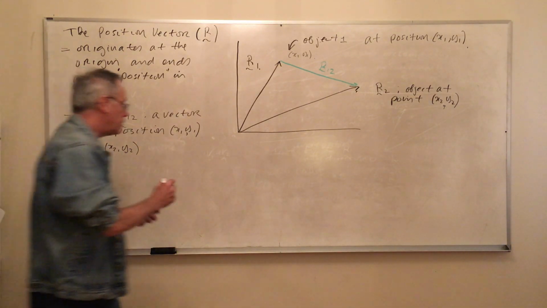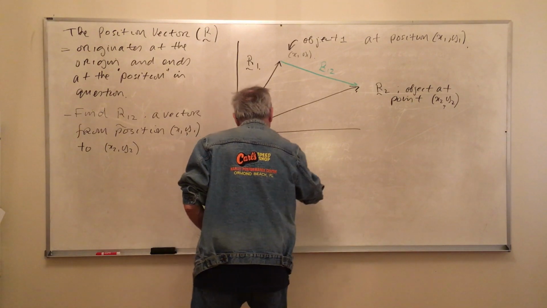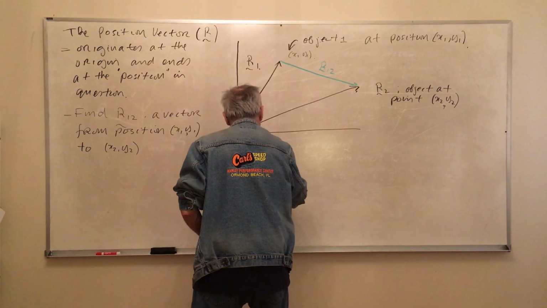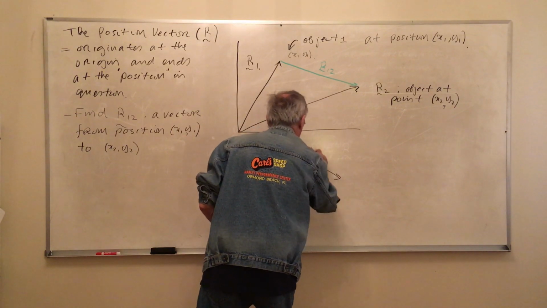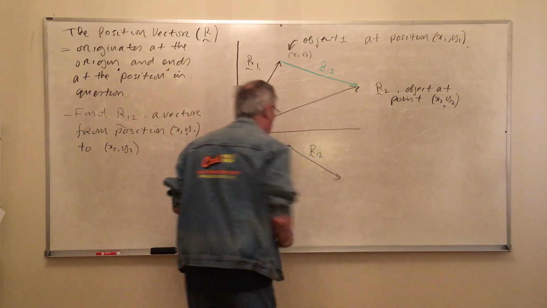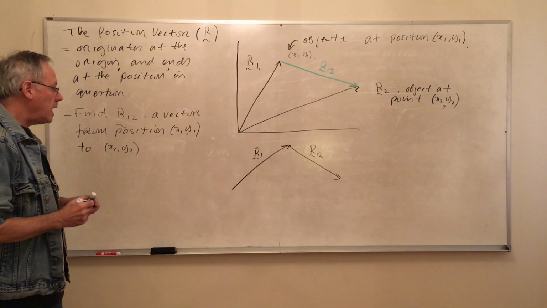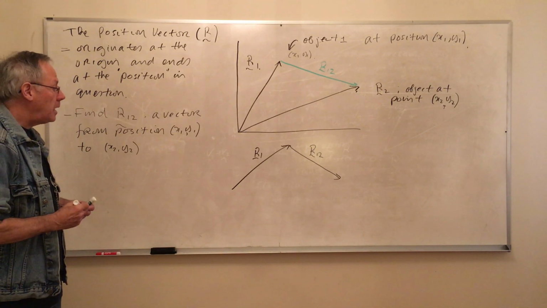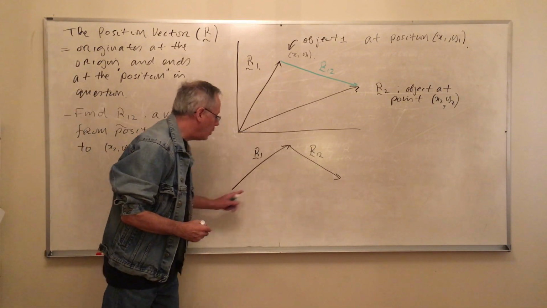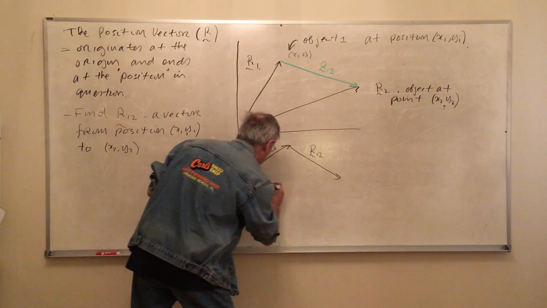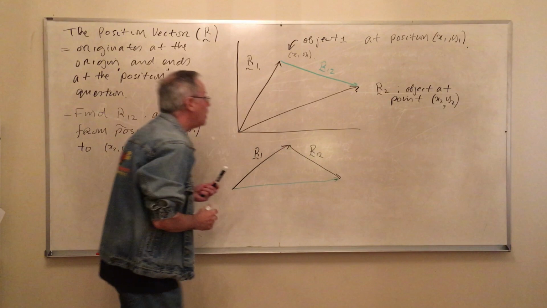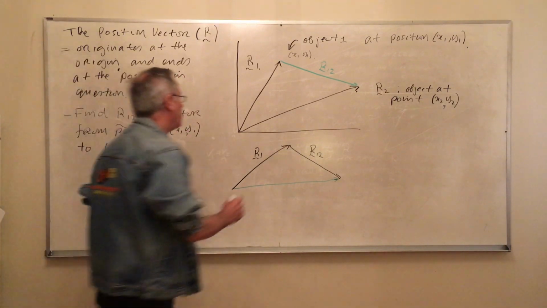Well, here's what we notice. If we were to take R1 and actually add it to R12, we would get a resultant which would be equal to R2.